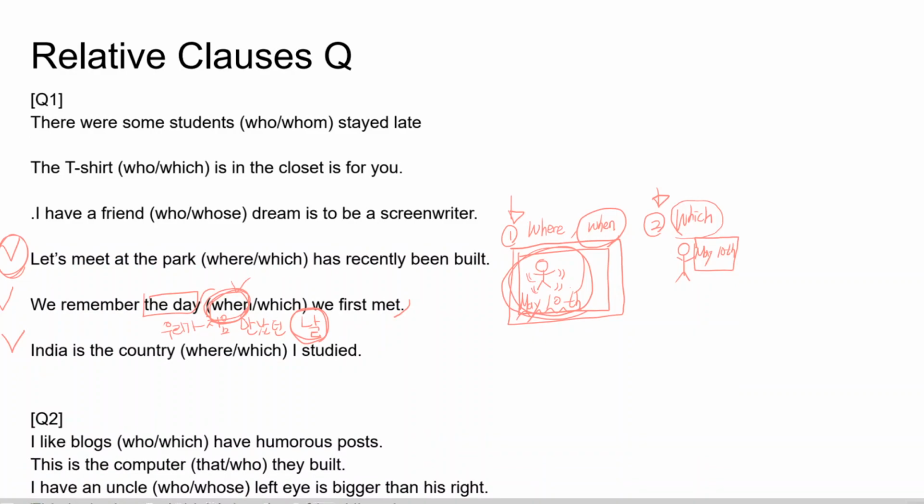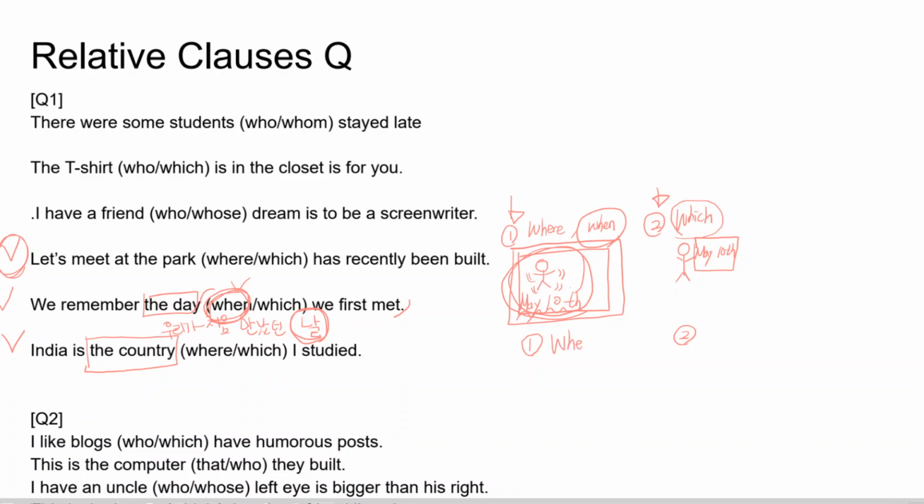So this is the last question we're gonna do. India is the country which I studied. So guess the answer first on your own. Okay, like the question above, let's talk about just two situations here.